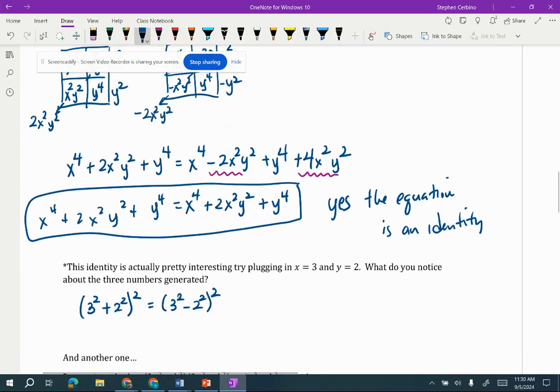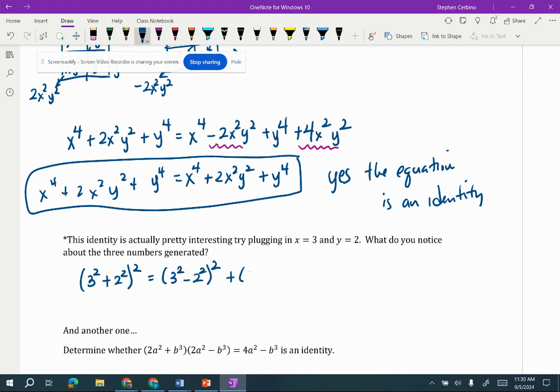And then we would have plus 2 times 3 times 2 squared. Well, over here, we're going to get 9 plus 4, which is 13, so we'd have 13 squared. Over here, we'd get 9 minus 4, which is 5, so we'd get 5 squared. And over here, we would get 12, so we'd have 12 squared.